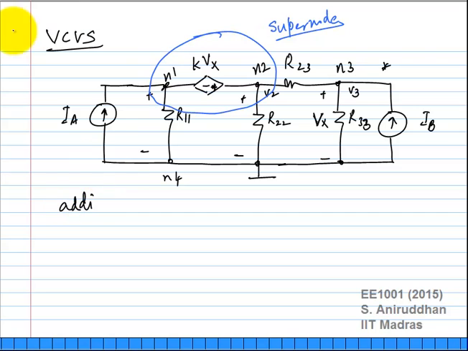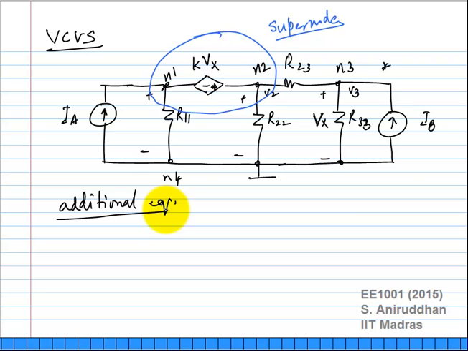So the additional equation for this system, you would go through the same procedure as you did for the independent voltage source. You construct the super node, write down KCL for the super node. The construction of the additional equation will change slightly. What did you do in the original case?